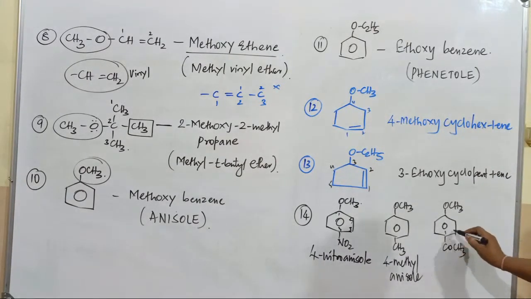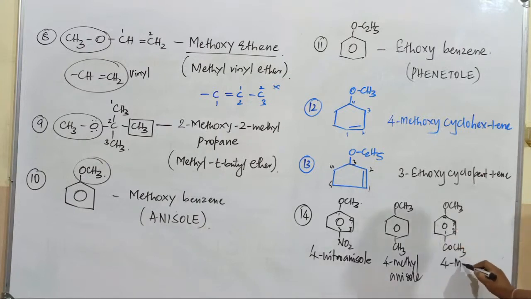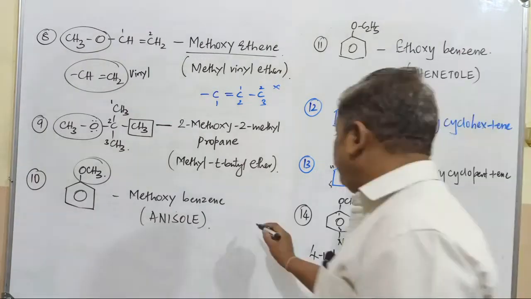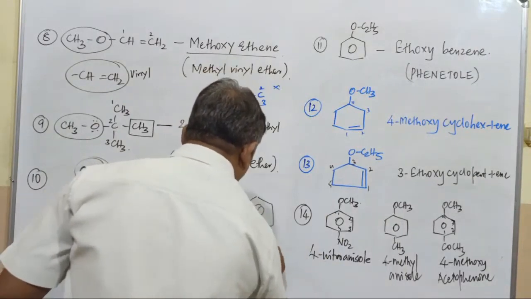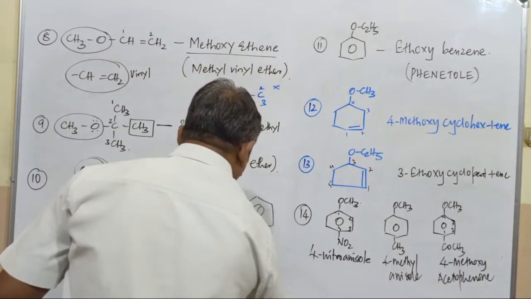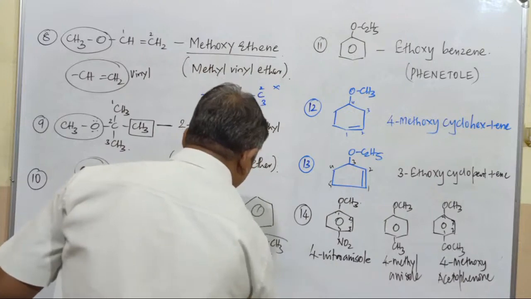What is this compound? Here, this is number 1. It is number 2, 3, and 4. It is 4-methoxy. The ketonic group has maximum priority. 4-methoxyacetophenone. Acetophenone is the name given to the compound containing C double bond O and CH3, that is COCH3.